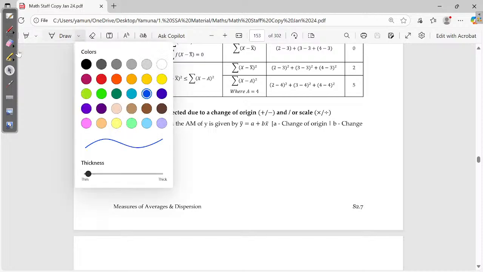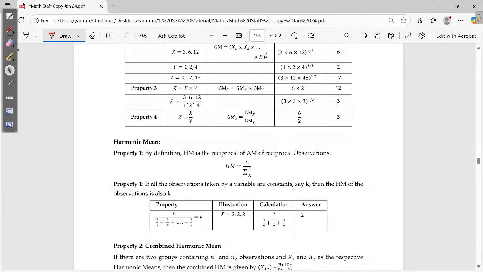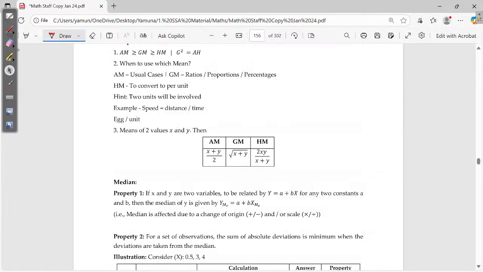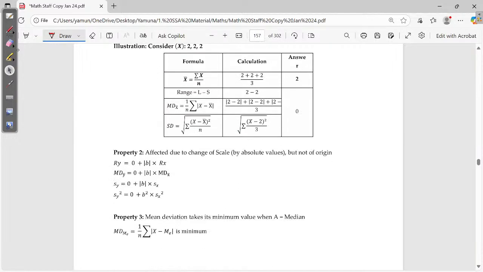See this property, property number 4: arithmetic mean is affected due to change of scale and/or change of origin. I request you to go through this property on page 2.7. Under the measures of dispersion, you can find another property, property 2: affected due to change of scale but by absolute values, which means we are not going to give importance to the sign. If there is a negative sign, we will eliminate it, but not of origin.